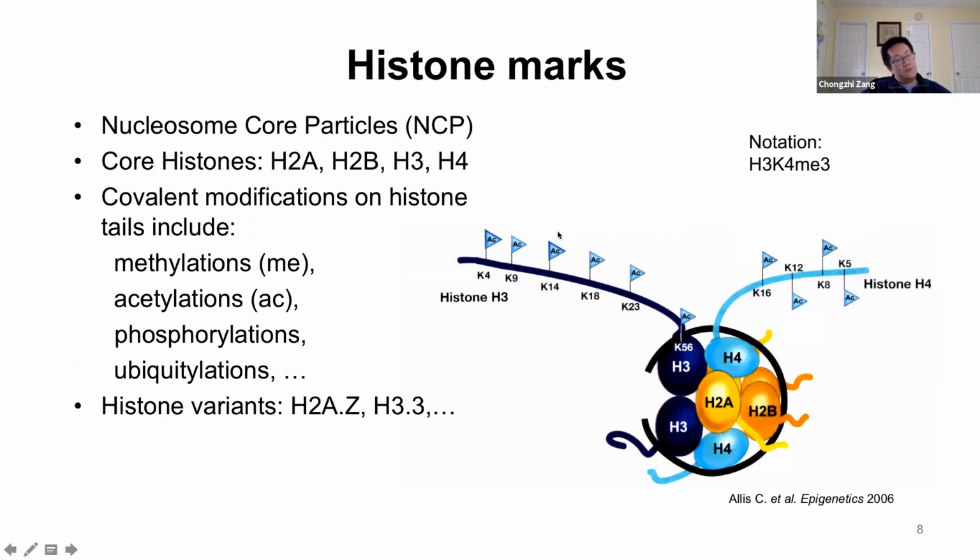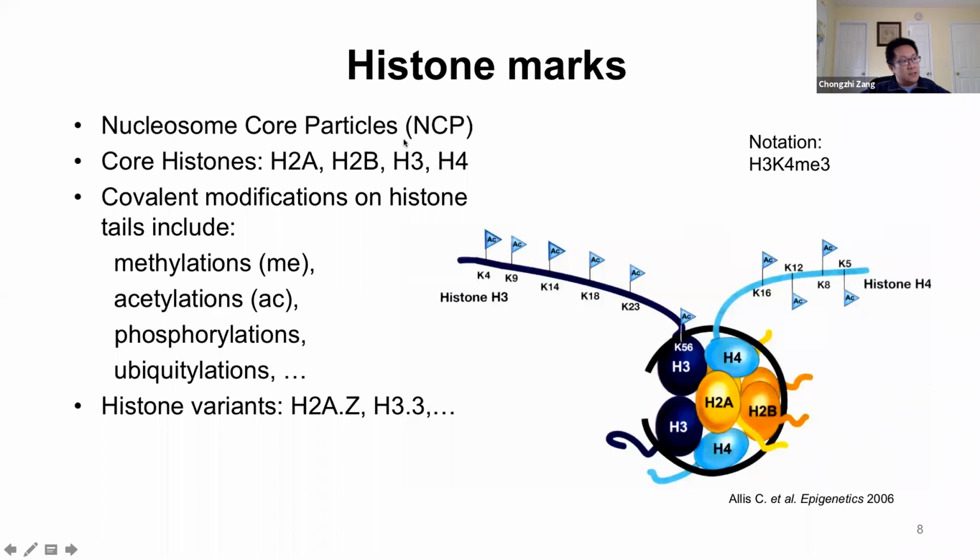Another group of protein factors that ChIP-seq can help us study is histone marks. Histone, as we are familiar, is the building block of a nucleosome. There are 4 different types of core histones with 2 copies of each to form the nucleosome core particle, which in the epigenetics field we call the NCP.